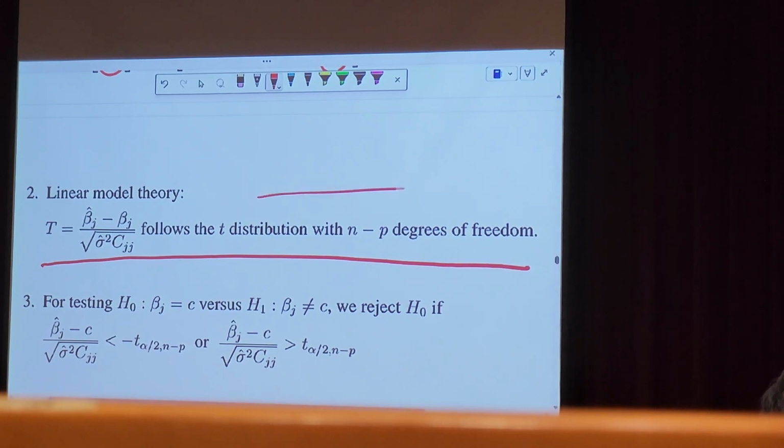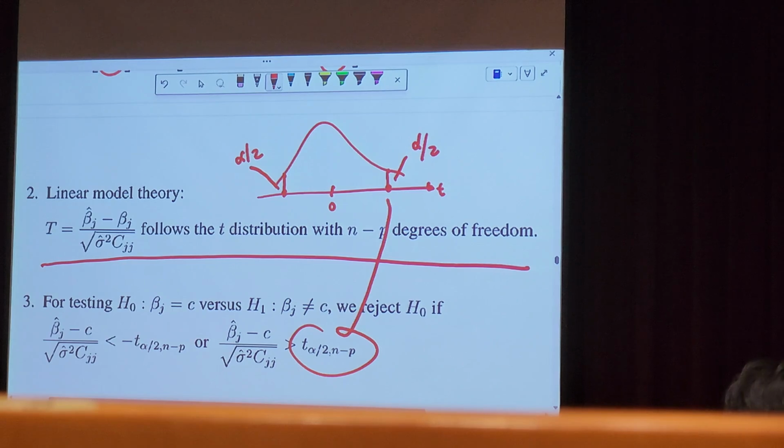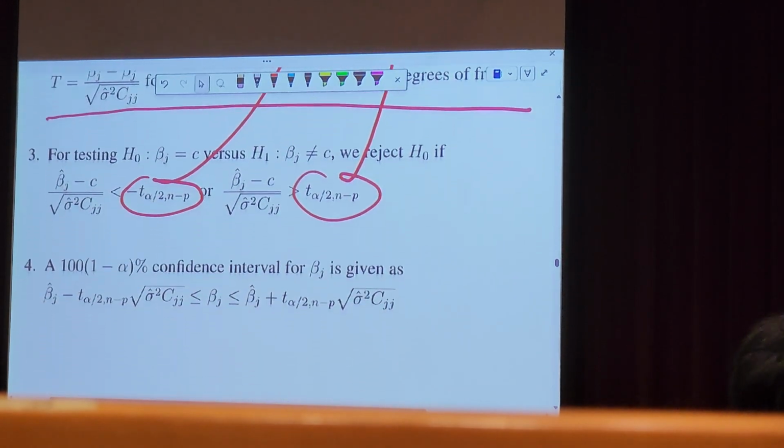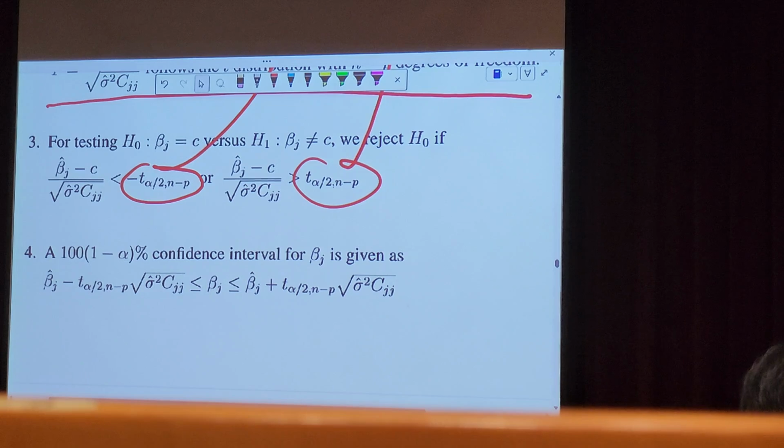Suppose here's a t distribution centered at 0, and this is alpha over 2, and this alpha over 2. That's how you can do testing, or you can construct a confidence interval.